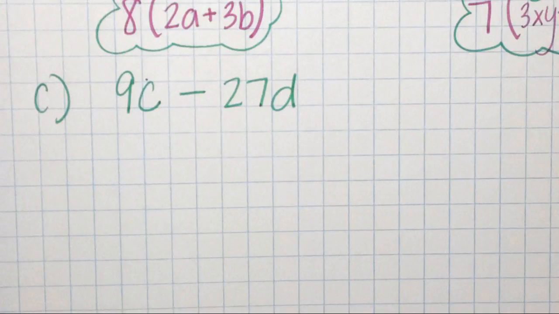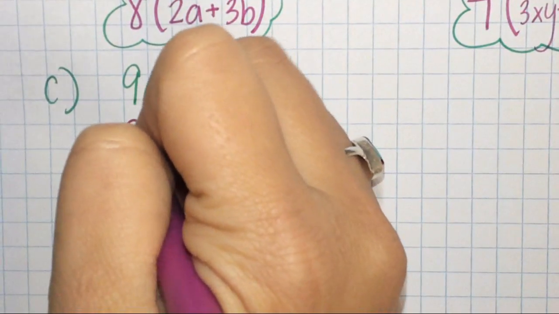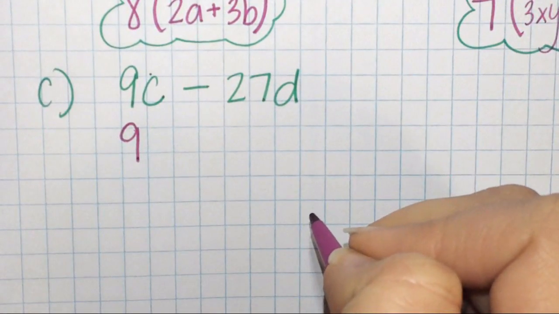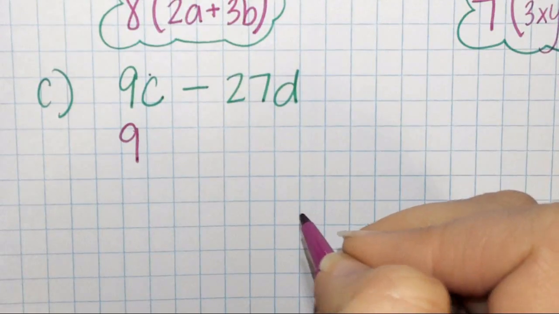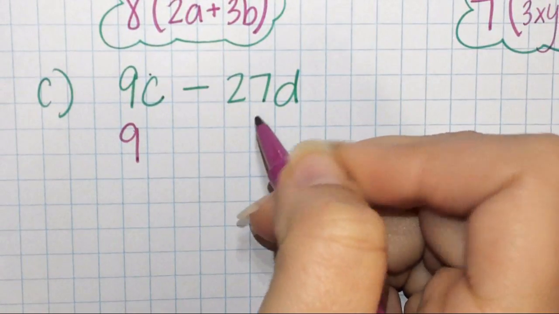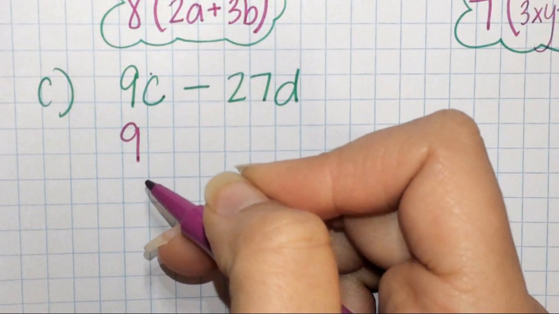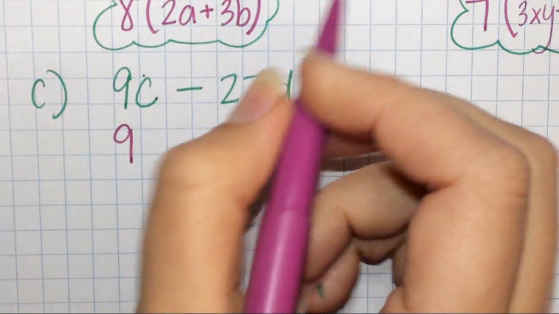What is wrong with y'all? All right, what's the biggest number that goes into both 9 and 27? 9. Good, take a point. 9, 18, 27. 9 is the biggest number that divides into both of those. 27 divided by 9 is 3.